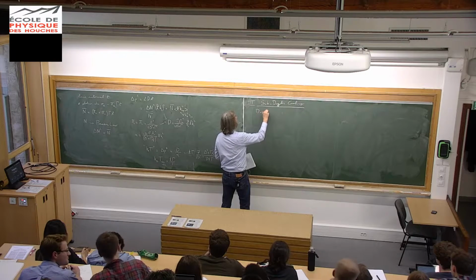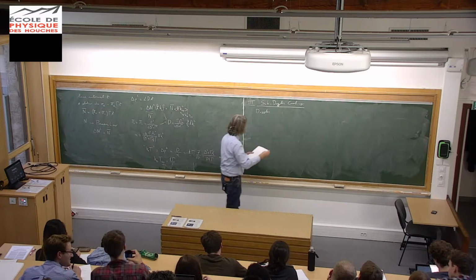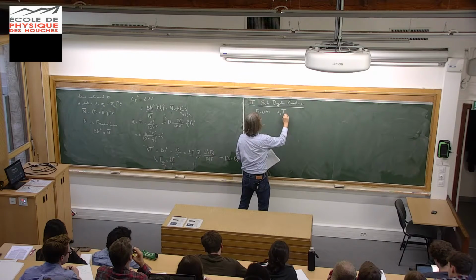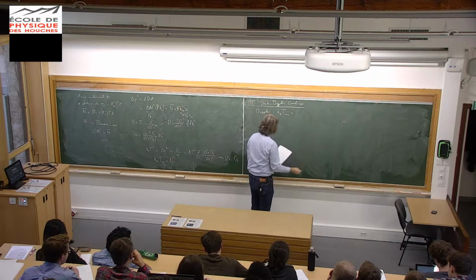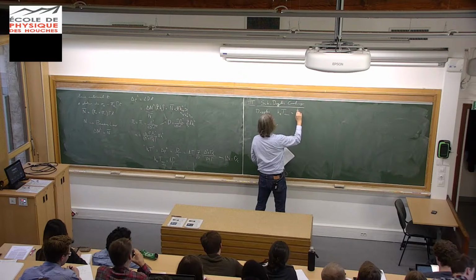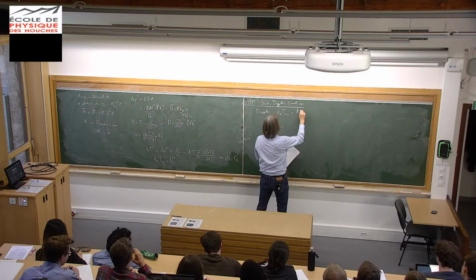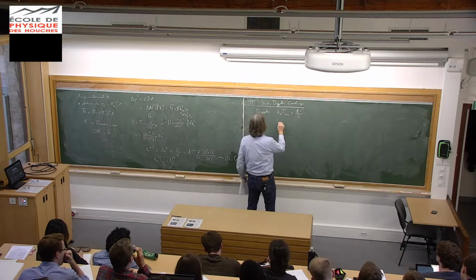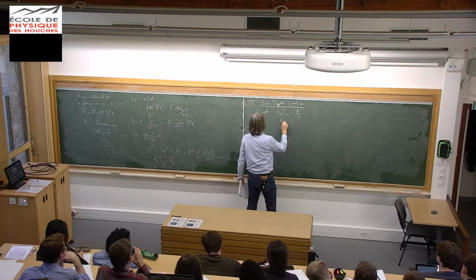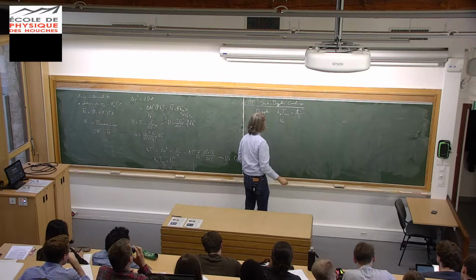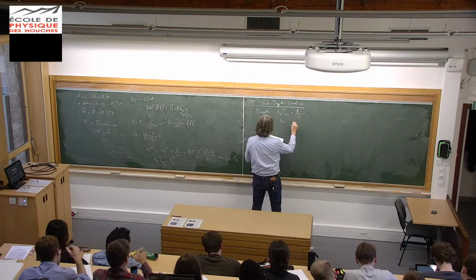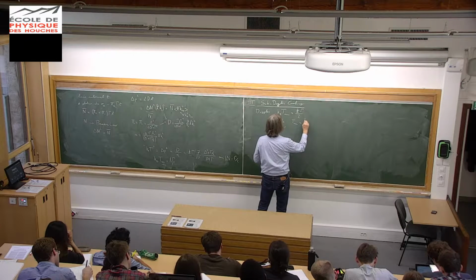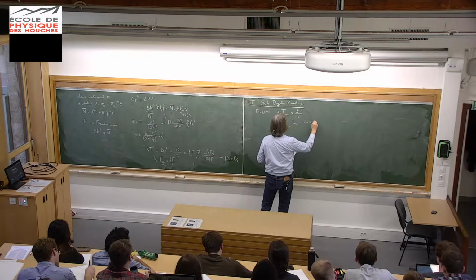So the Doppler cooling, just what we have done at the moment, predicts that you have a minimum temperature, which is ħγ divided by 2. And if you make the numerical application for sodium, you will have a minimum temperature which is 245 microkelvin.